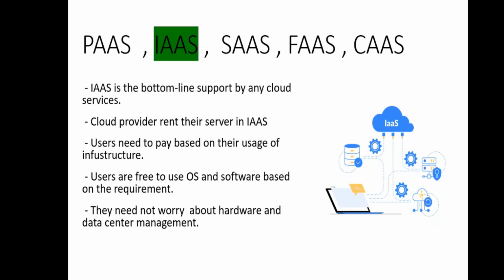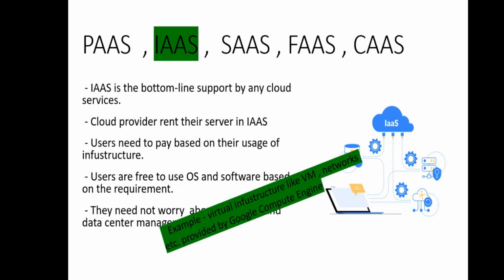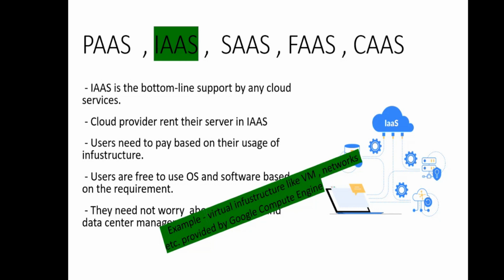Examples are GCP Compute Engine, where you get virtual infrastructure like VMs, networks, etc., provided by GCP Compute Engine, and GCP Storage. This also comes under infrastructure as a service.